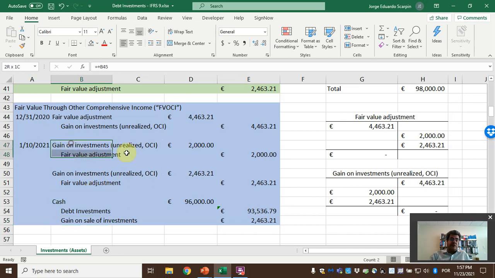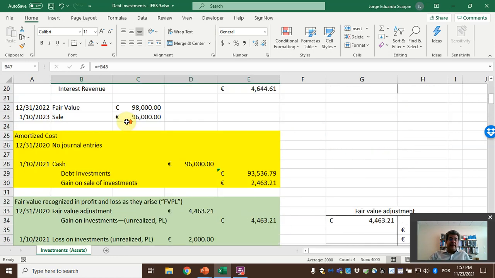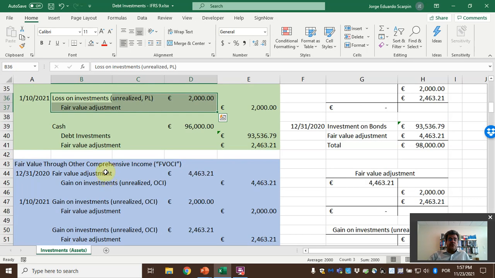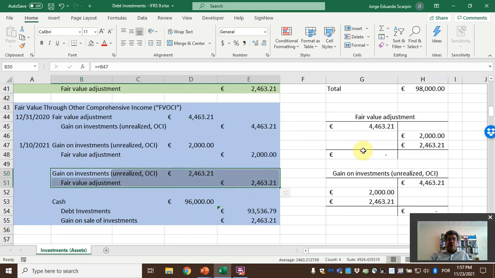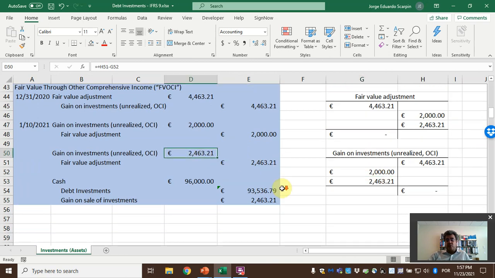So the first two journal entries, the first one to move from 98 to 96. The second one to close the fair value adjustment and to close the gain. So we close both on this journal entry here. We are closing this one with this one, and that one with that one here.